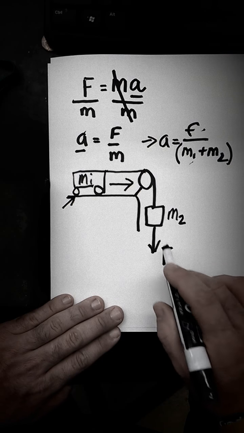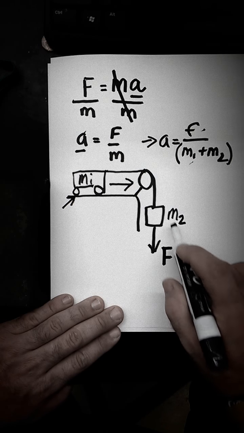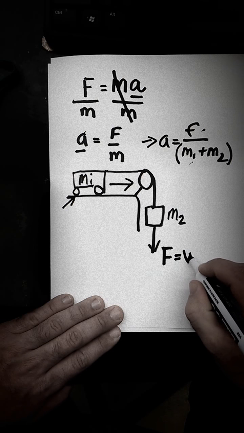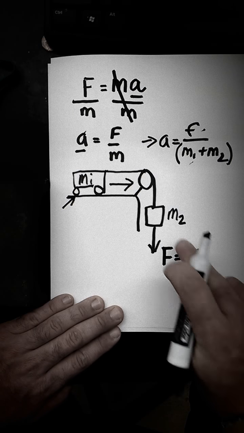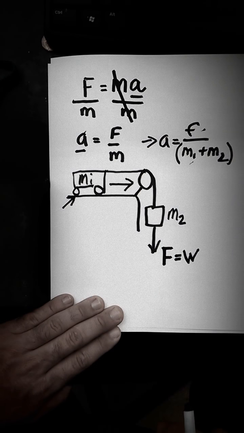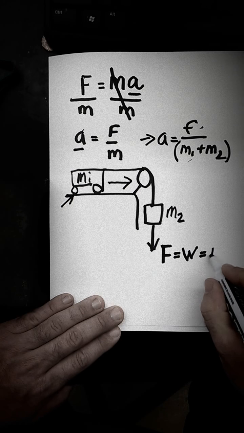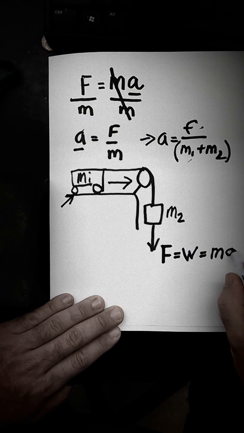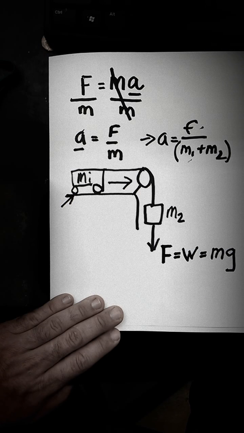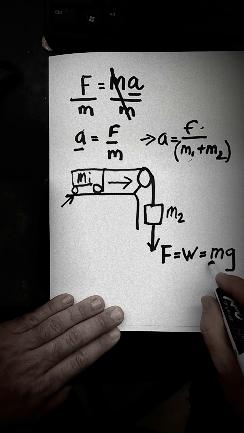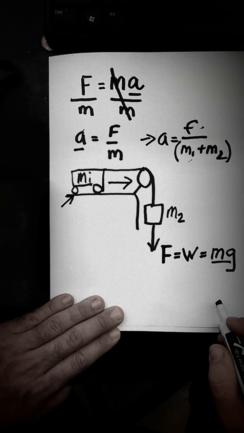And so we've got to figure out how to get this force, and in reality, this force is equal to the weight of this mass. And on Earth, we know the weight is equal to mass times gravity. Okay? So this force pulling down is equal to mass times gravity.